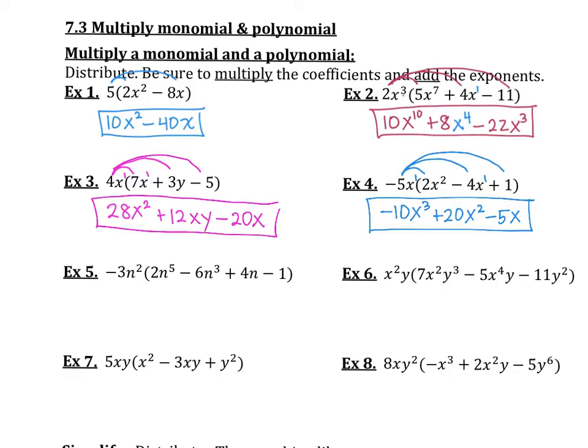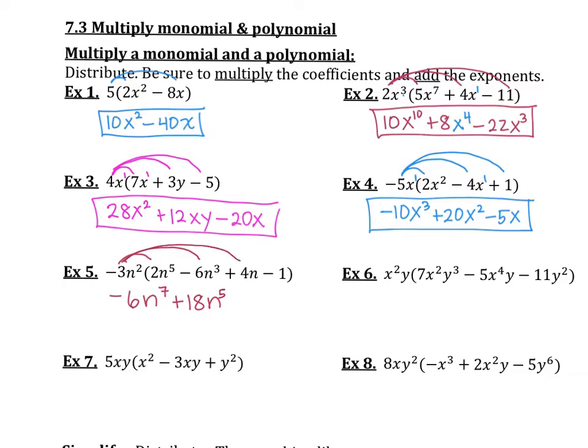Okay. For example 5, negative 3 times 2 is negative 6. n to the 2 plus 5 is 7. Negative 3 times minus 6, negative times the minus changes to a positive. 3 times 6 is 18. n to the 2 plus 3, 5.